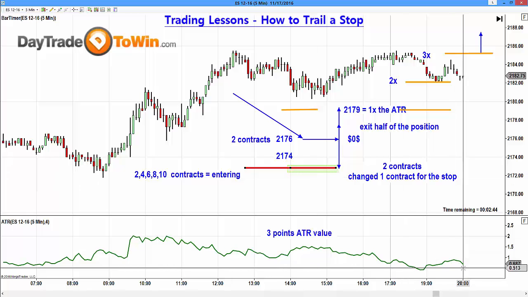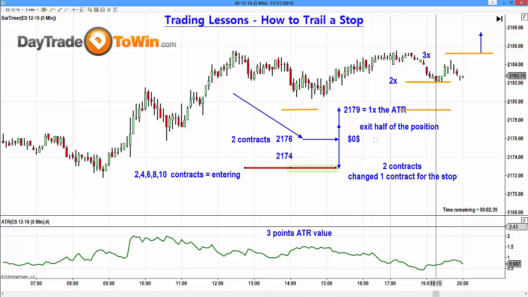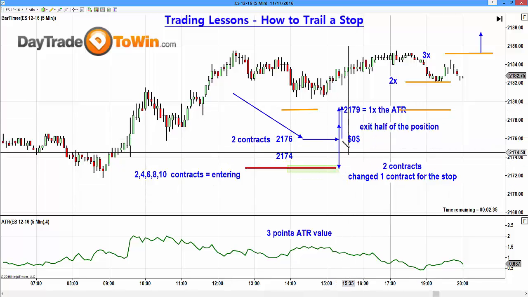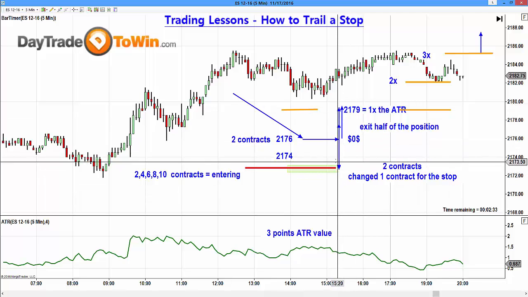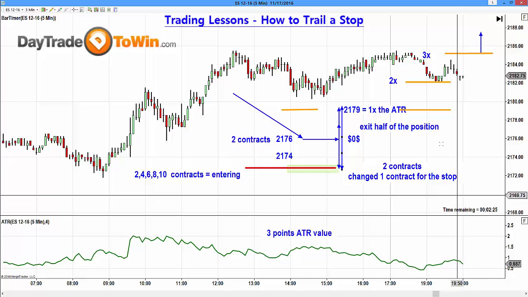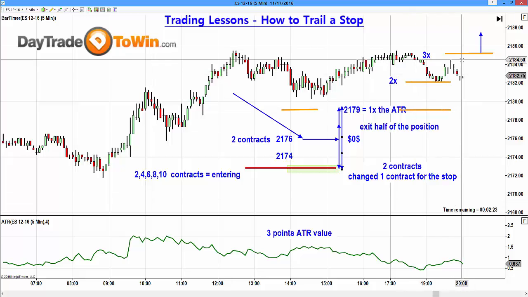Commission, a couple dollars, not the end of the world if it loses out. But in this case, the market makes 3 points, immediately move your stop 3 points in the opposite direction. You have nothing at this point to lose or really to worry about if it does stop you out. 2 times the ATR, 3 times the ATR, exit.